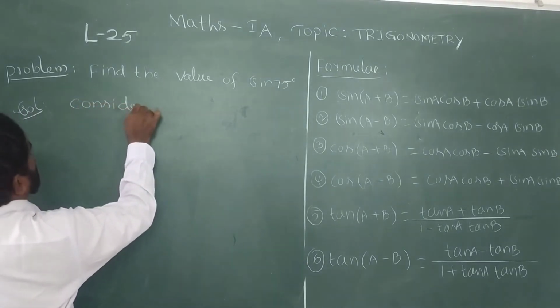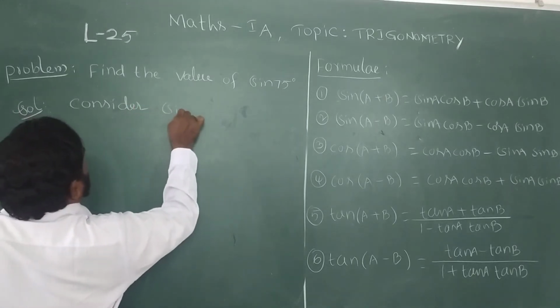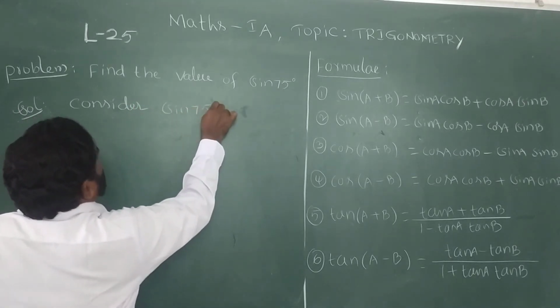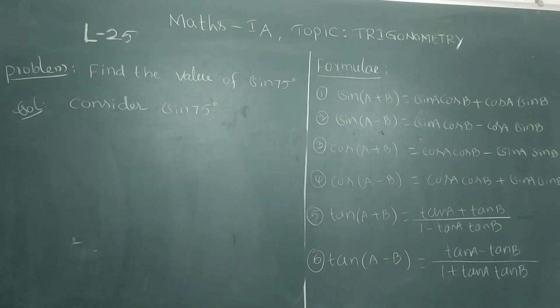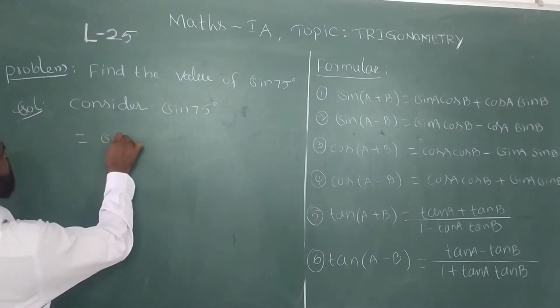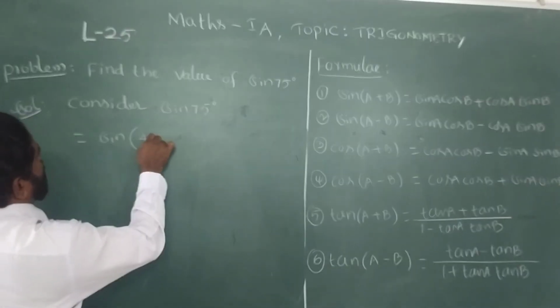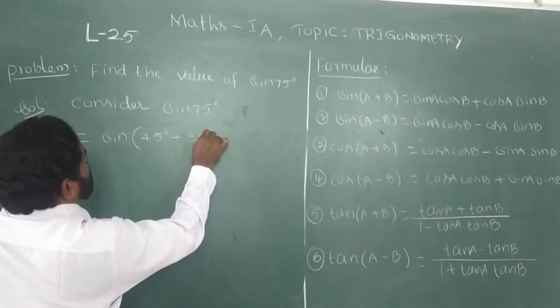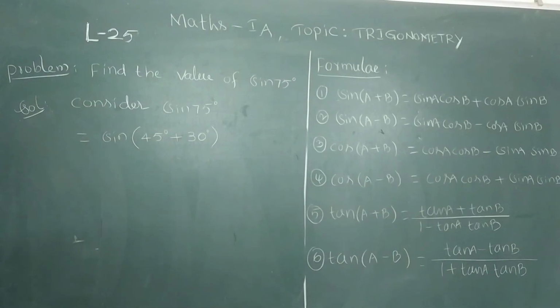Consider sine 75 degrees. This can be written as sine of 45 degrees plus 30 degrees.